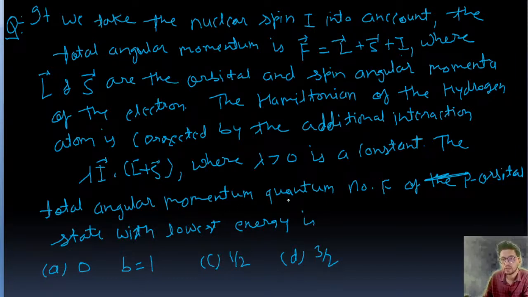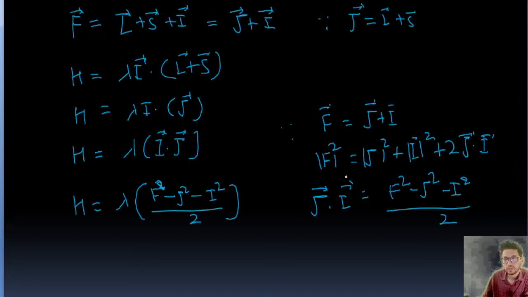The total angular momentum quantum number F of the p orbital state with lowest energy is what we need to find out. P orbital state means for hydrogen atom, this we can say is equation number 1.